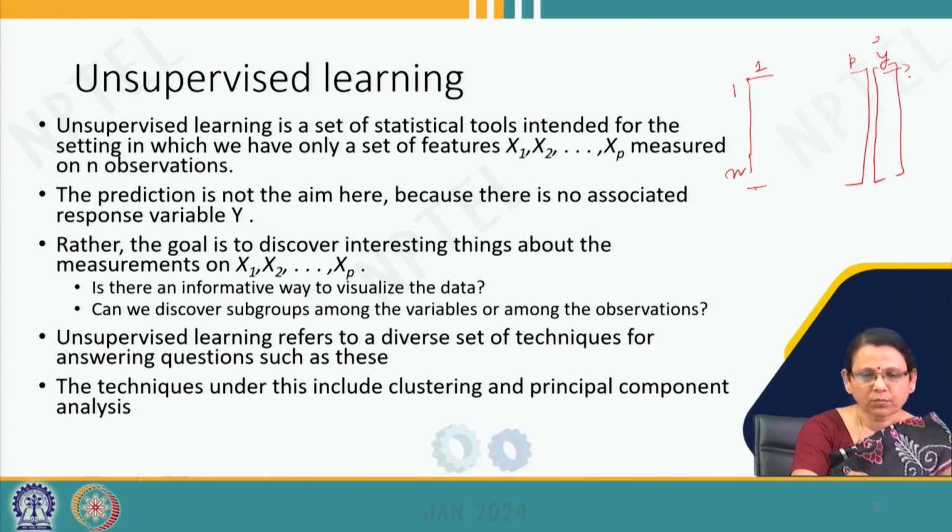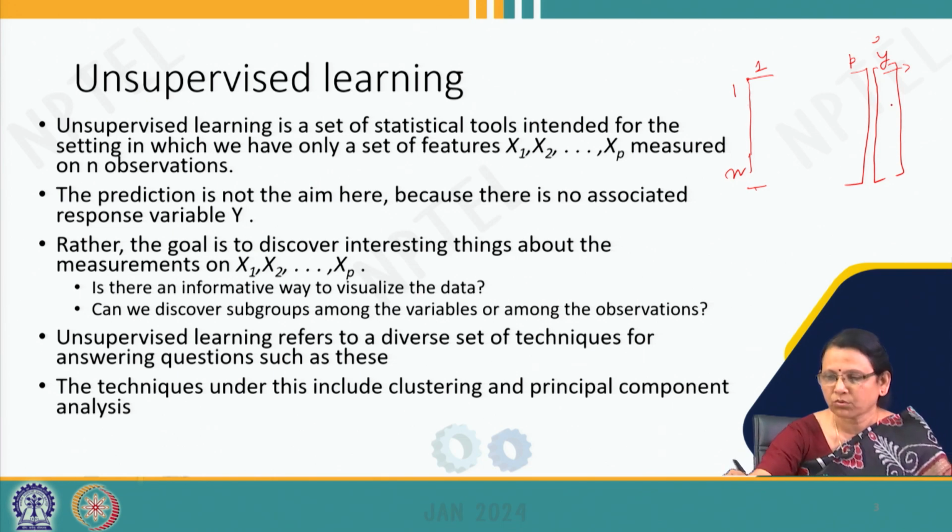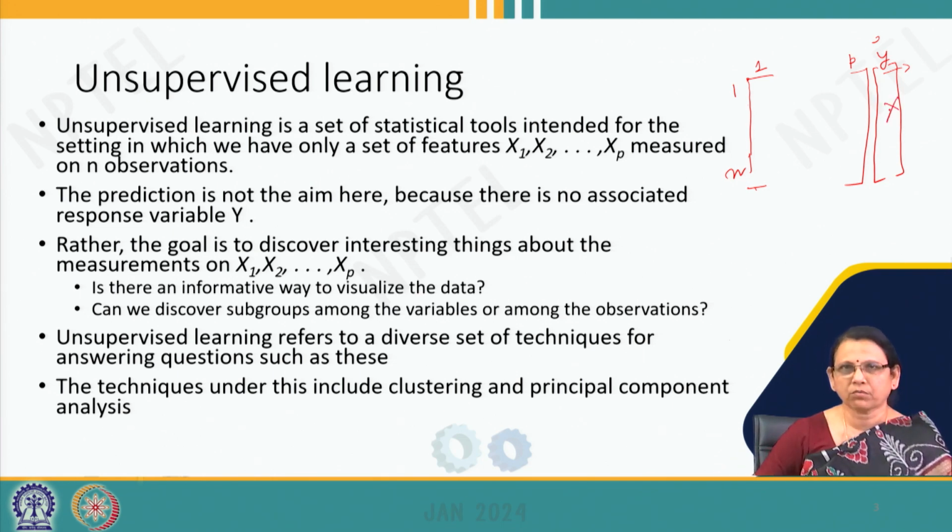Now, in case of unsupervised learning, the situation is a bit different. We really do not have this variable y. What we have is this set of records, and we will be applying techniques on those features only. So, what are those features?